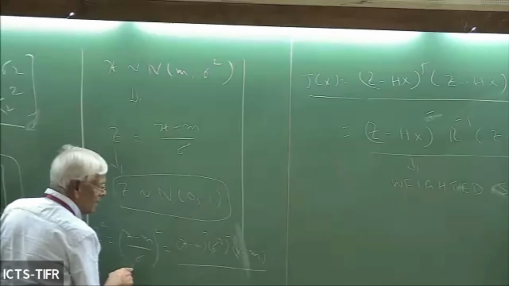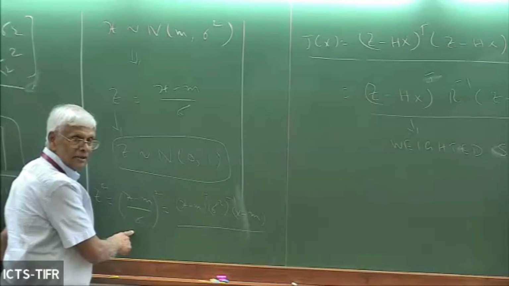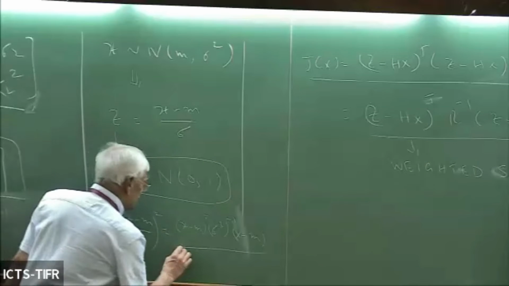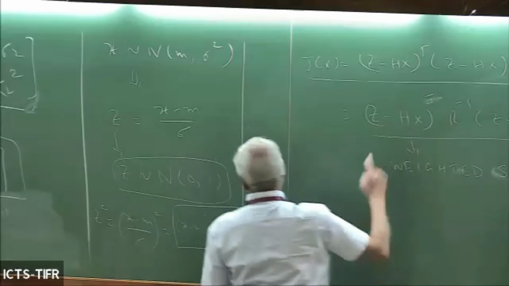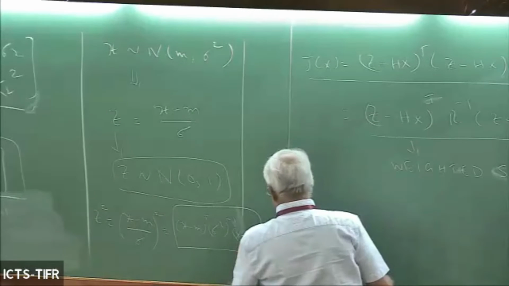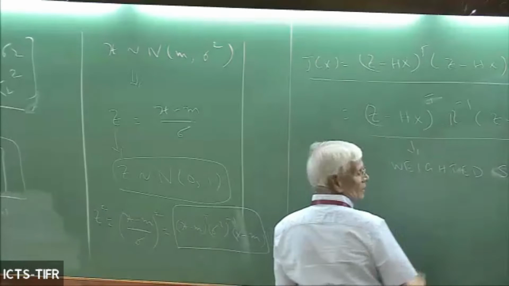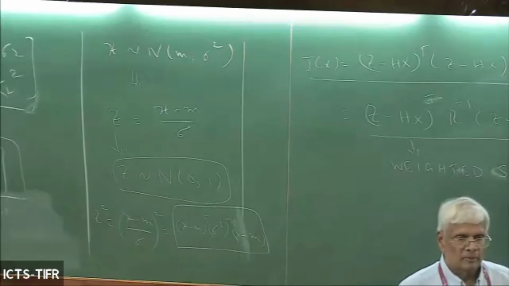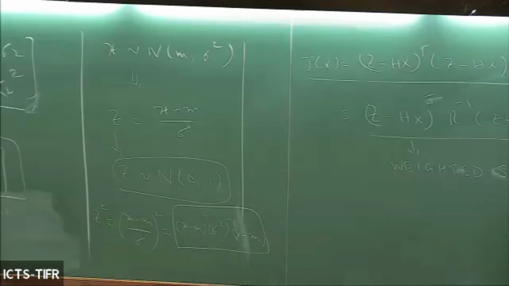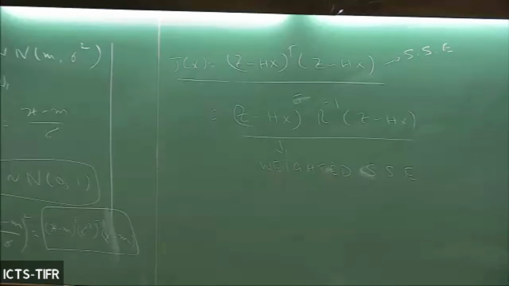I'm dividing by the variance. How many of you are with me? Does this look like this? So instead of x minus m, I have z minus h of x. Transpose. Instead of sigma squared, I have R, because R is a covariance matrix. All of you? That's right. Before I go further, I also want you to recognize a couple of things in here.